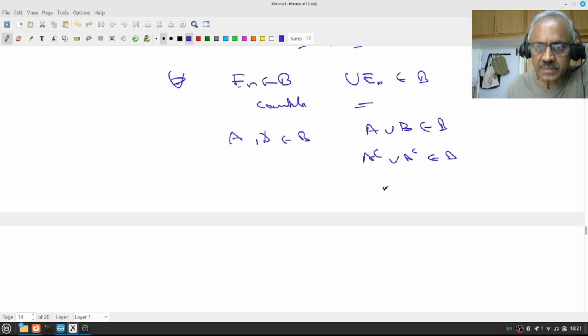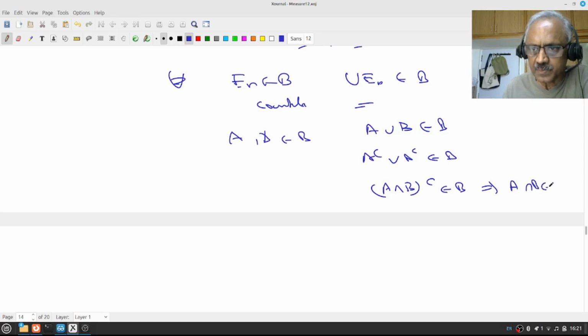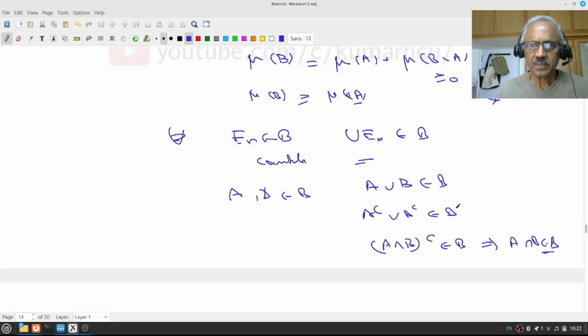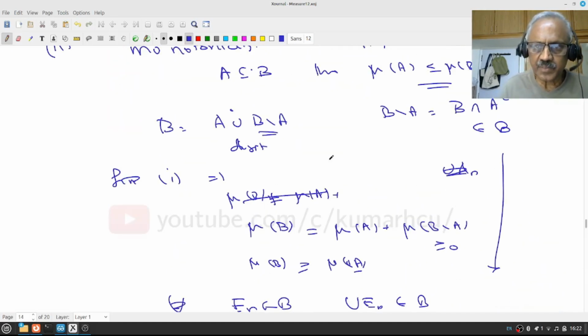But this is nothing other than the complement of A intersection B, that is in B, but that implies A intersection B is in B. Okay, exactly the way we proved earlier. See, the whole thing is to show that this belongs to B. That's why I wanted to do that.